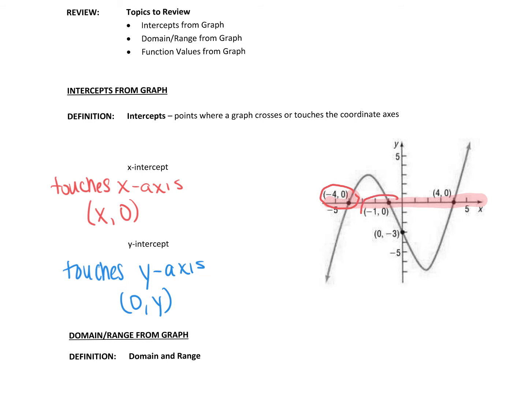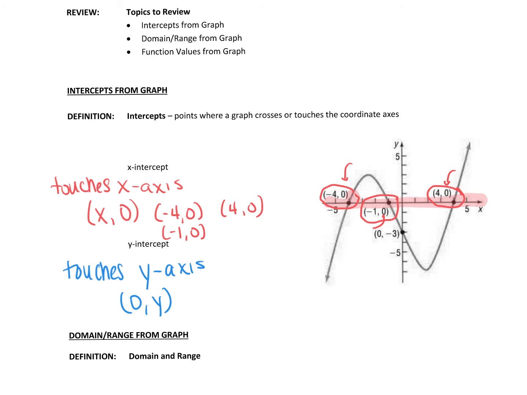We have this point right here, negative 1, 0. And we have this point right here, 4, 0. Notice that all of their y values are 0. So our x-intercepts here are negative 4, 0, negative 1, 0, and 4, 0. And notice that I wrote those as points because intercepts are points.